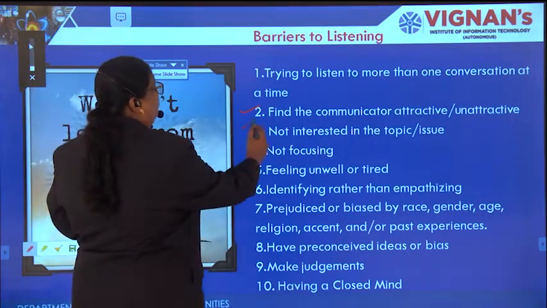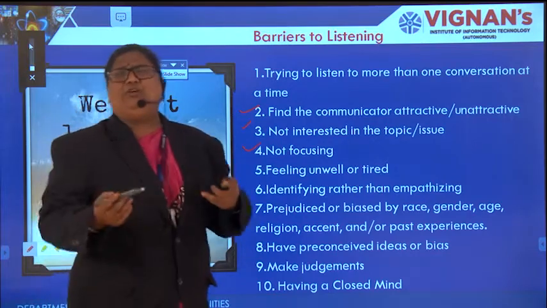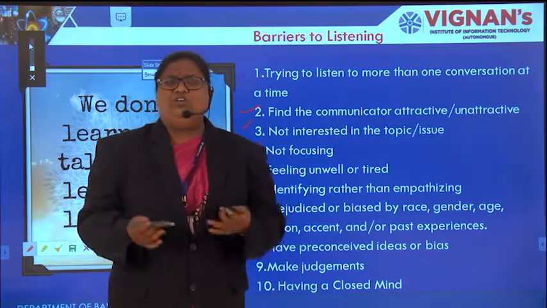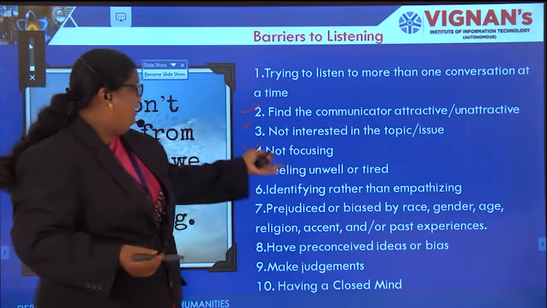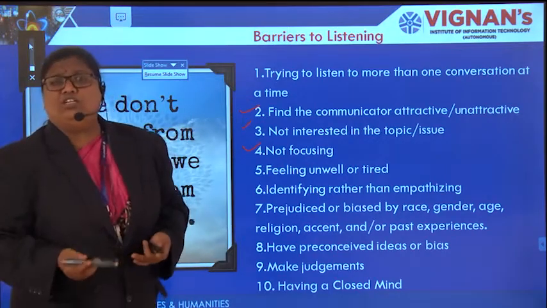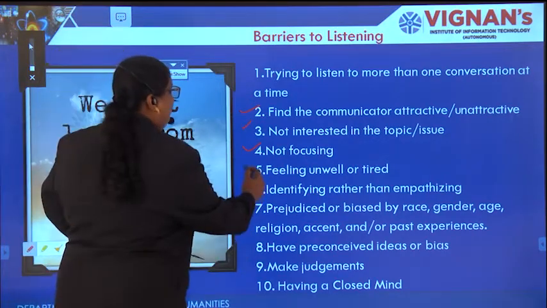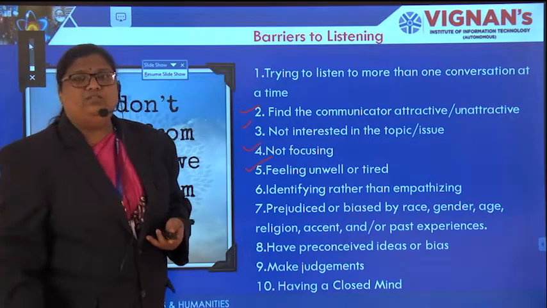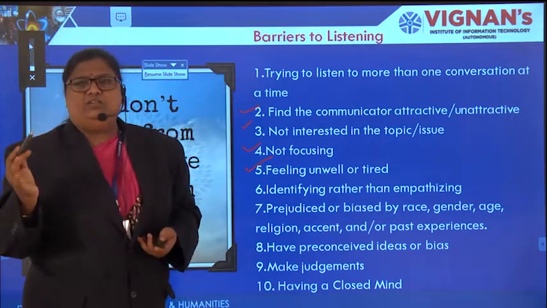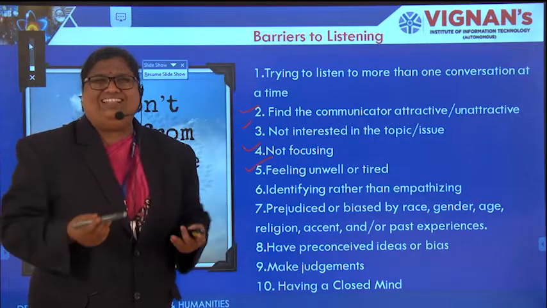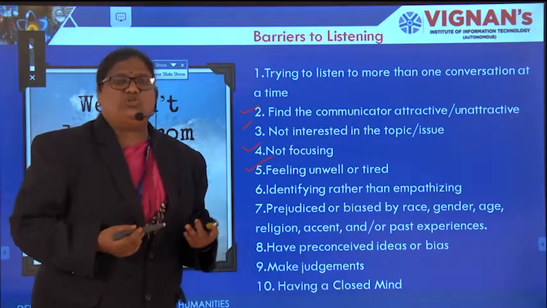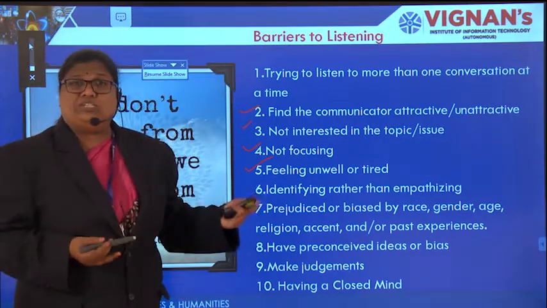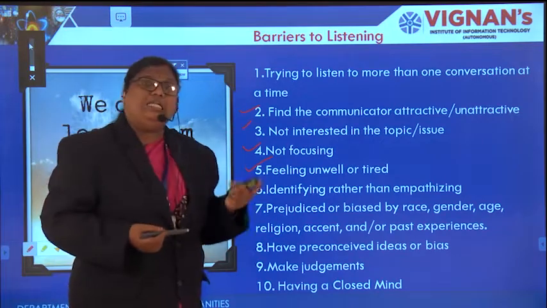And then not focusing. At that time you're not feeling good or you're not interested, so automatically you cannot focus on the concept. And then feeling unwell or tired. When you feel tired, or you're not healthy, or you have some health issue, or you're bored or sleepy or drowsy, automatically you cannot listen.